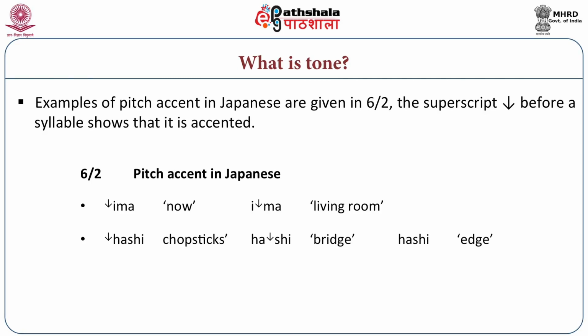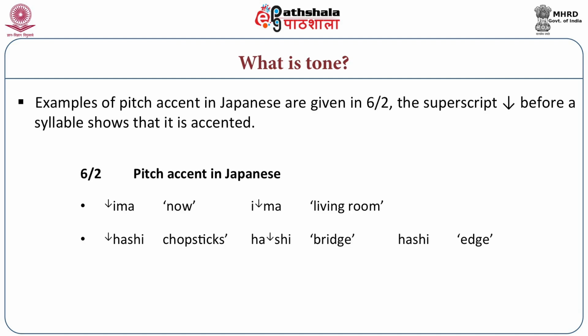Here on the screen are some examples of a pitch accent language, such as Japanese. In Japanese, we have these contrastive pairs. The first pair, the pitch accent is on the first syllable, which gives you the word now, and when it is on the second syllable, it gives you the word living room, quite different from each other.